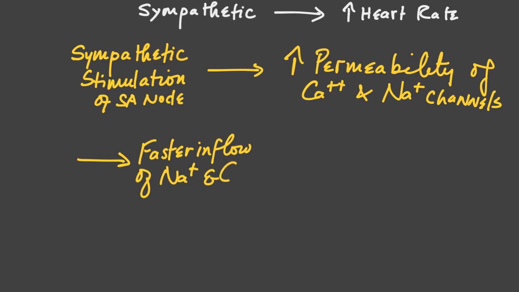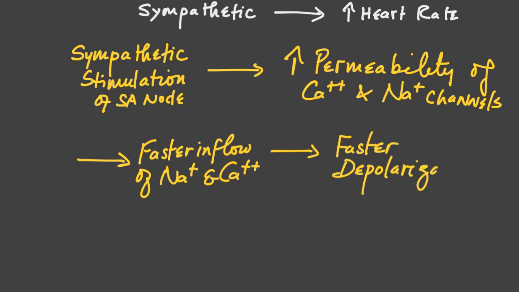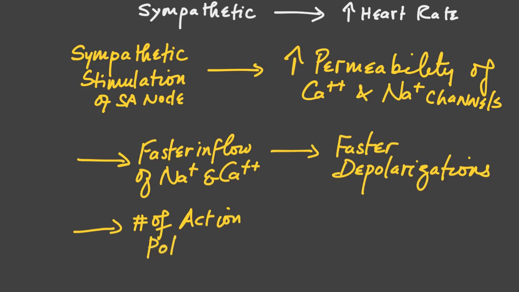Even though sodium is normally slow, it's a little bit faster. And this increases the rate of depolarization. So there are faster depolarizations within the same time frame. So we end up with more action potentials within the same time frame. So the number of action potentials goes up.